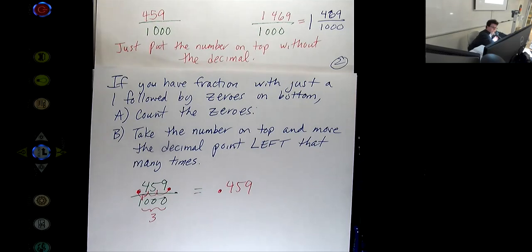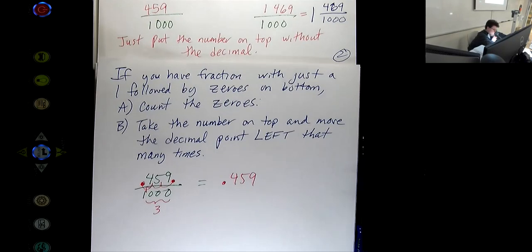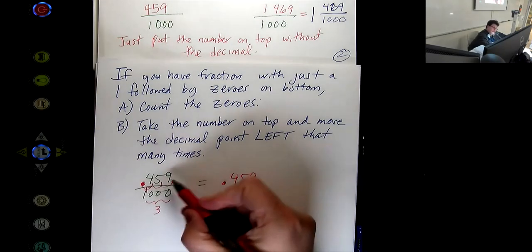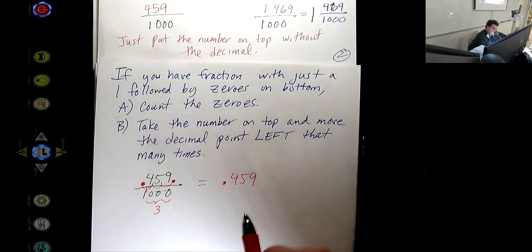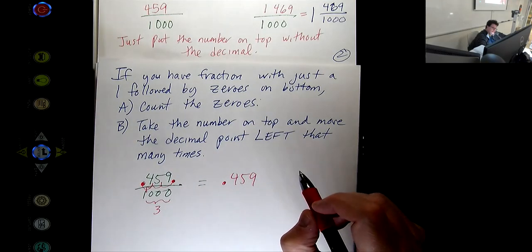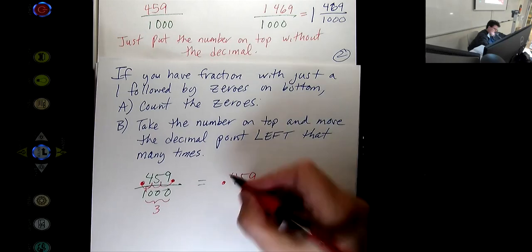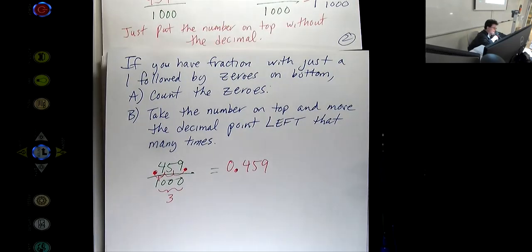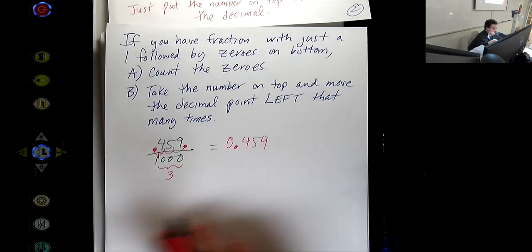Do you also have to put the 0 behind the decimal, like in front? No, don't put the 0 behind the decimal, because I didn't have a 0 right here. I mean, if you had a 0 right there... Oh yeah, it's a good idea. That's a pro tip. Thanks for bringing it up.